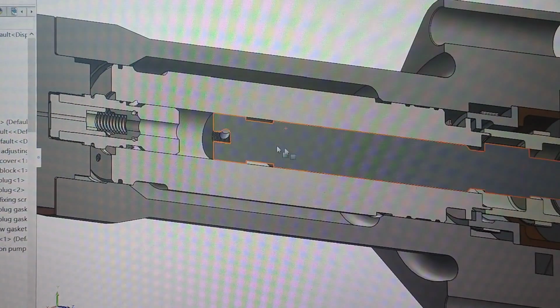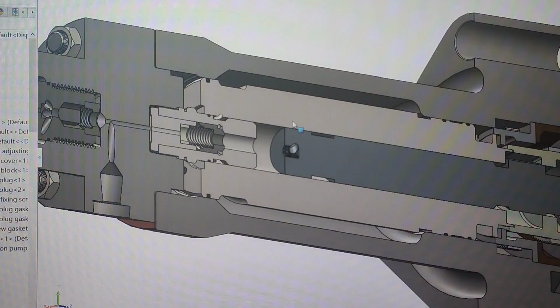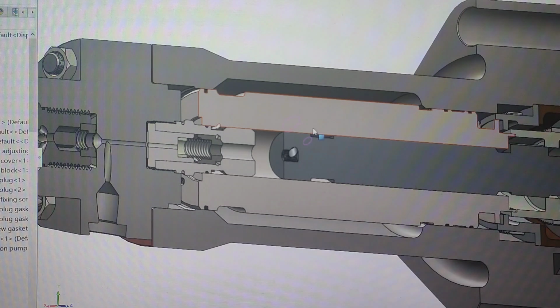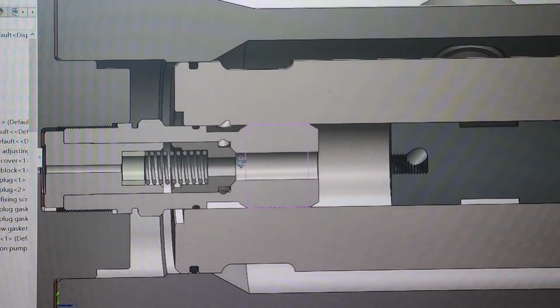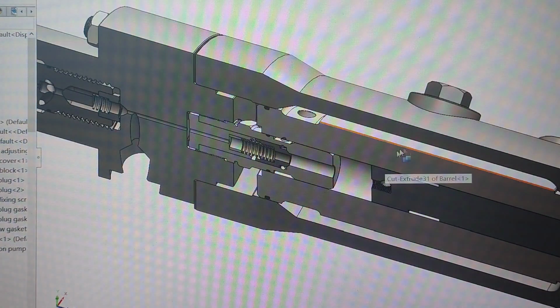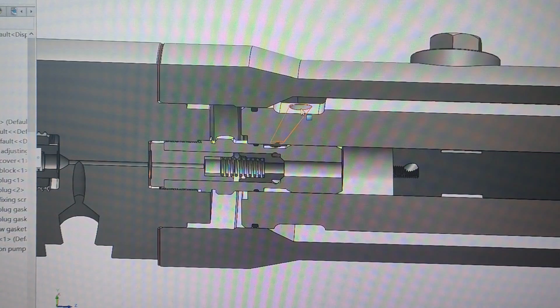Here is the plunger and the barrel, just like the famous Bosch pump. And here is the suction valve. The oil will be supplied to the outer space here, and through this suction hole on this barrel, right?